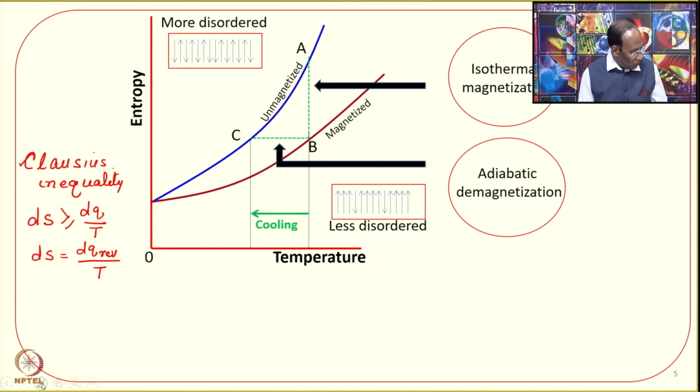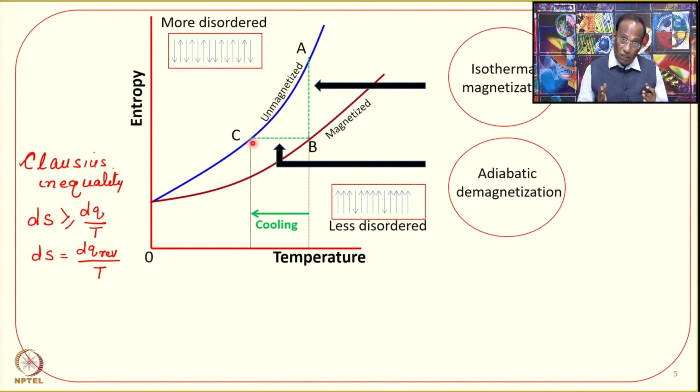So if you remove the magnetic field and the entropy does not change, it has to remain horizontal here. The corresponding point on the unmagnetized entropy-temperature curve is C.